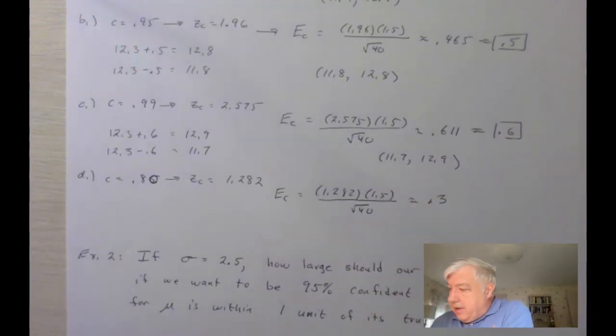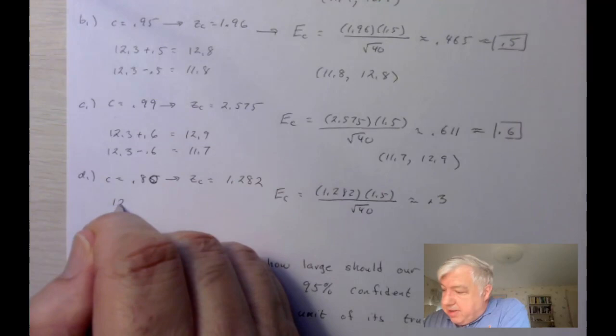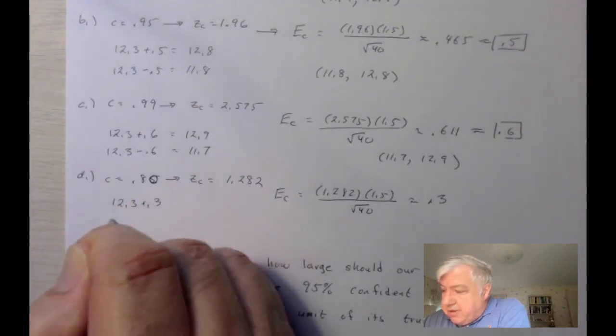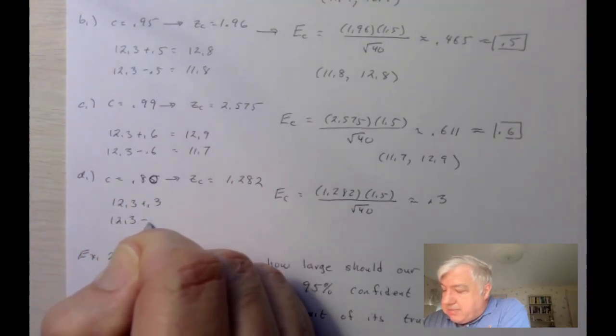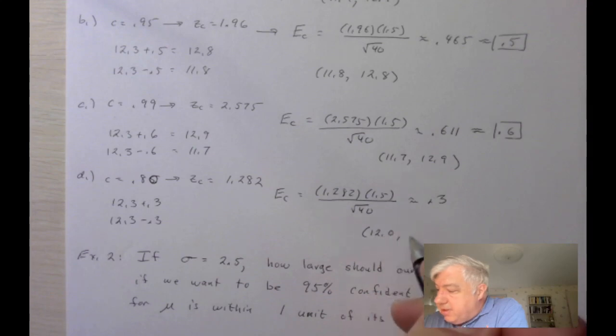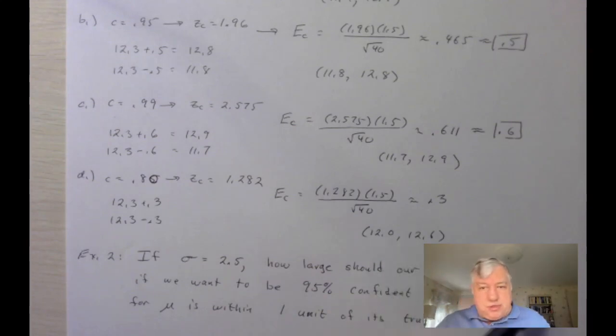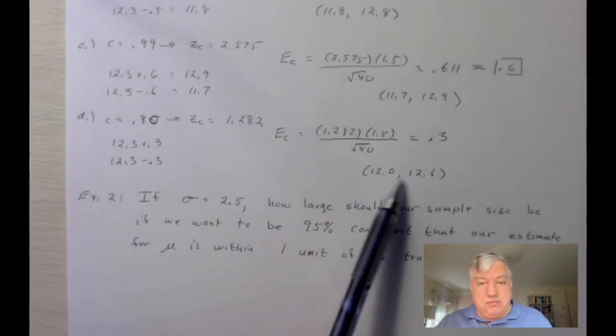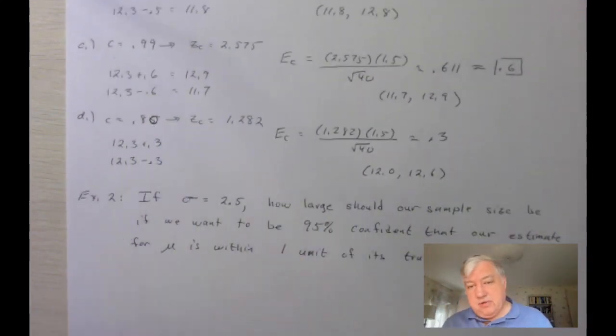And so we take 12.3 plus 0.3, 12.3 minus 0.3. So our interval would be 12.0 and 12.6. Okay, and of course this is the smallest confidence interval, but it also has the smallest confidence level.